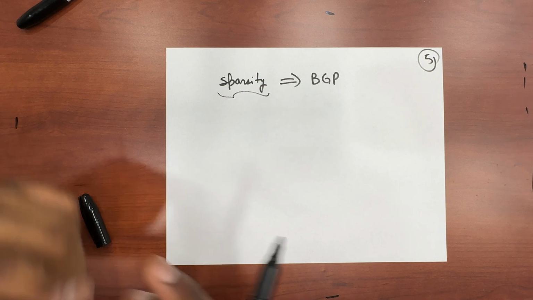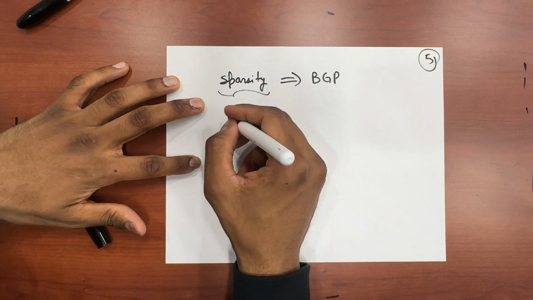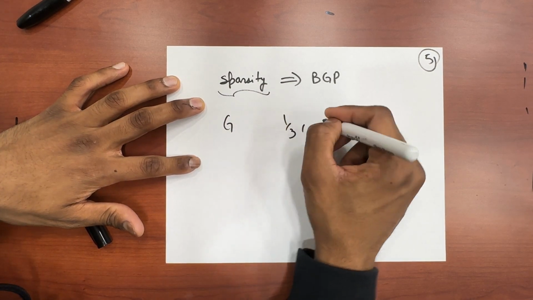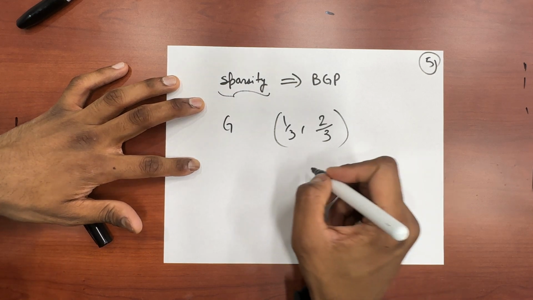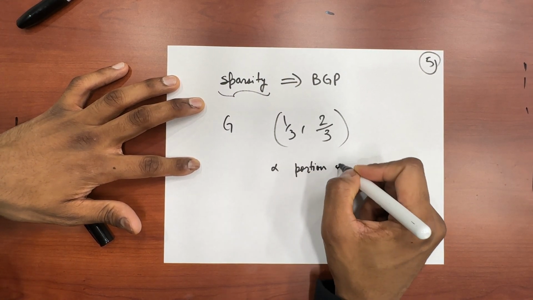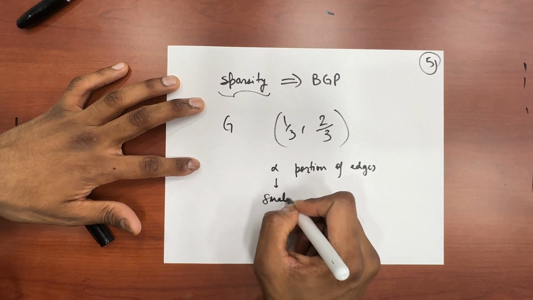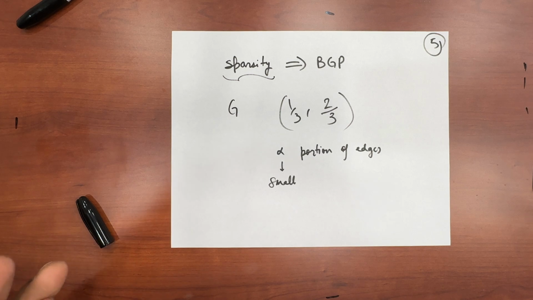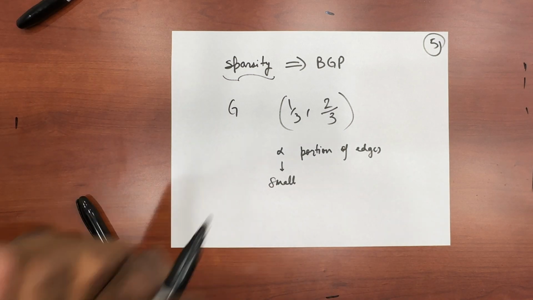So let's say our graph G has a 1/3, 2/3 partitioning which cuts an alpha portion of the edges, where alpha is a small number. So how would an approximation to this algorithm look like?